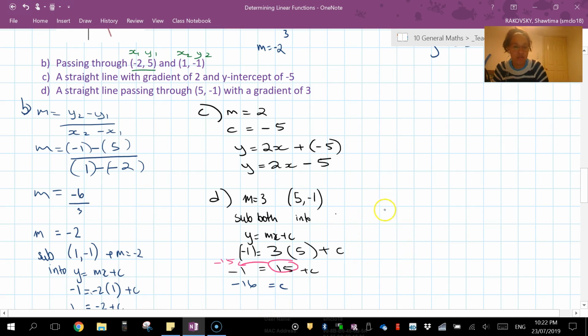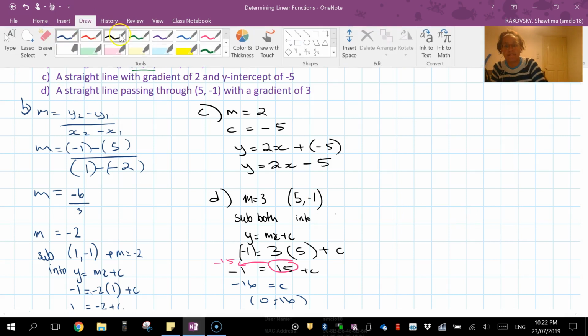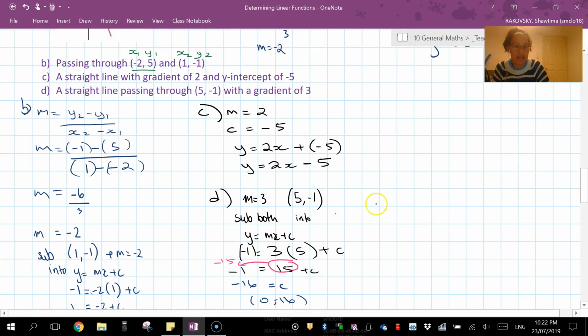So therefore your y-intercept is 0, -16. So to write your formula for D, it's going to be y equals mx plus c. So substituting in, y equals m, which is 3x. It's not a plus, it's a -16.